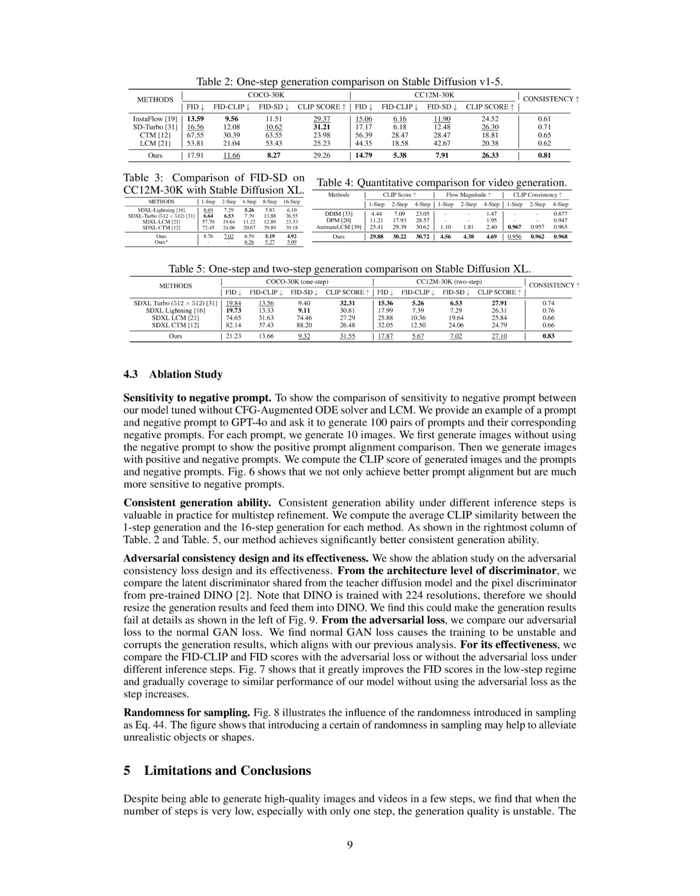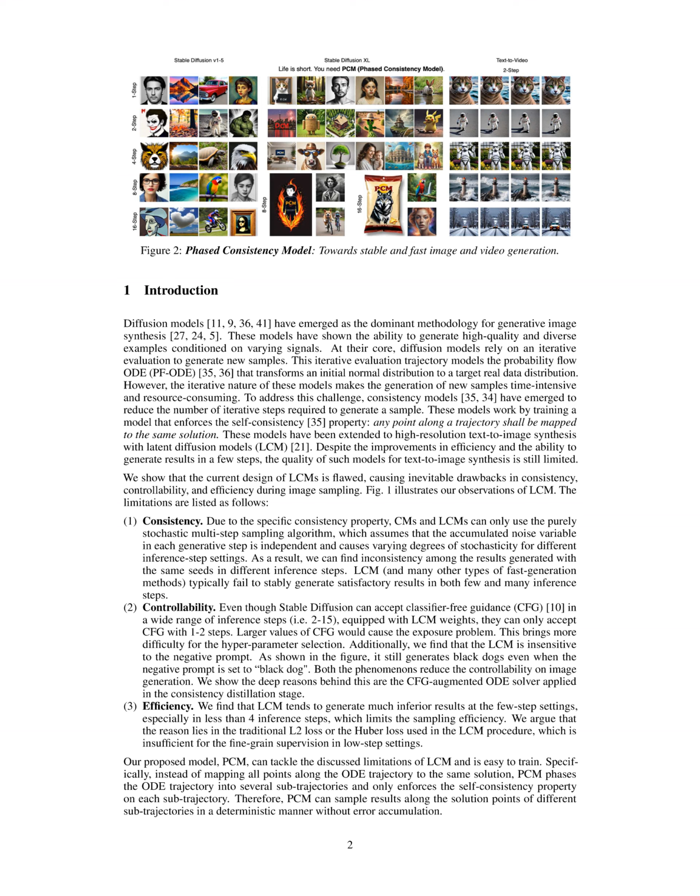The introduction of an adversarial consistency loss further improved the generation results, especially in the low-step regime. Overall, PCM showcased remarkable advancements in image and video generation, proving to be a highly effective and efficient model for stable and fast image and video generation.